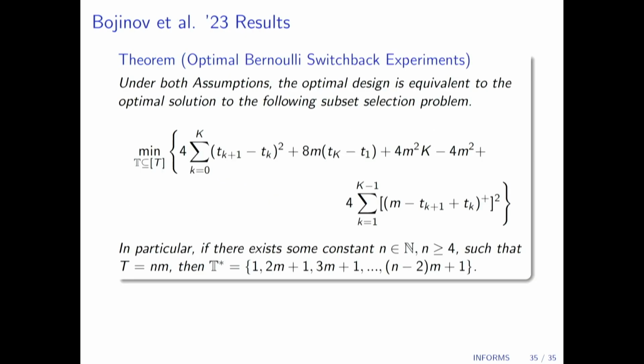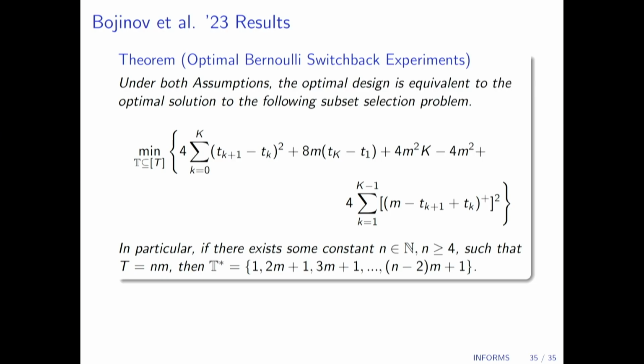We can solve this problem by reducing it to the following subset selection problem and using some structures of matroid convexity, of discrete convexity notion. We can solve this minimization problem, this subset selection problem, to optimality.